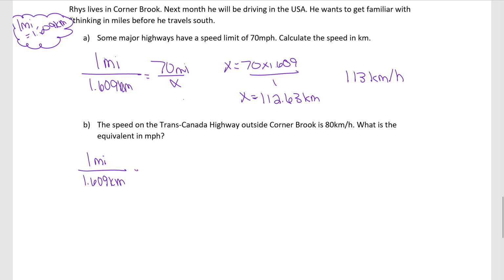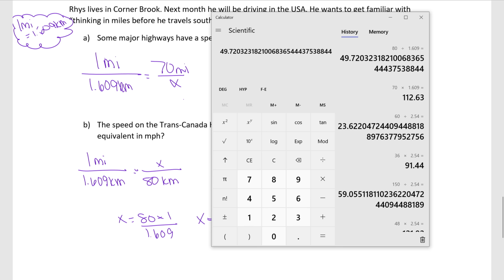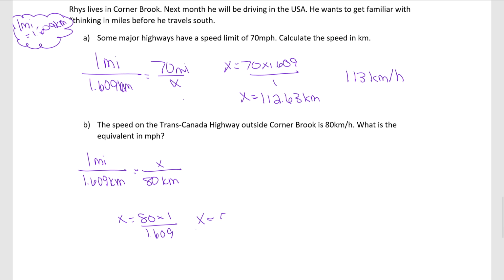But this time our measurement is in kilometers, so it goes in the bottom. So we end up with 80 times 1 divided by 1.609. And we get 49.7, or we can say 50 miles per hour. So 80 kilometers per hour is equivalent to 50 miles per hour.